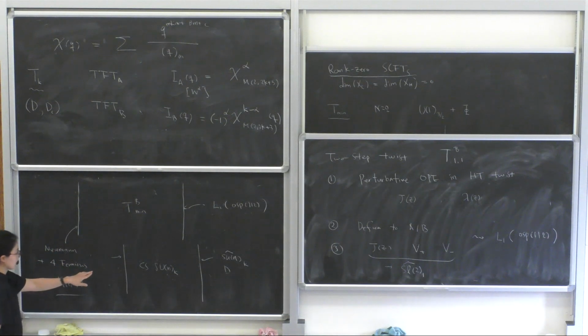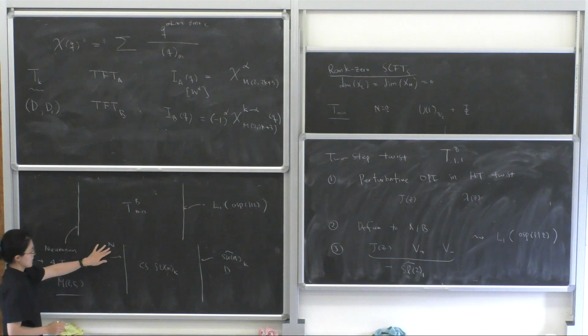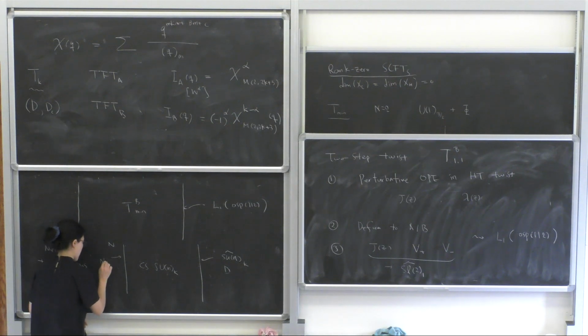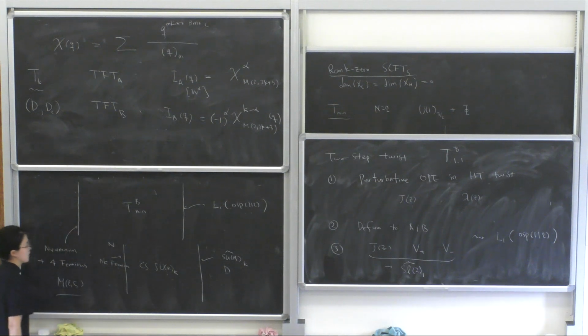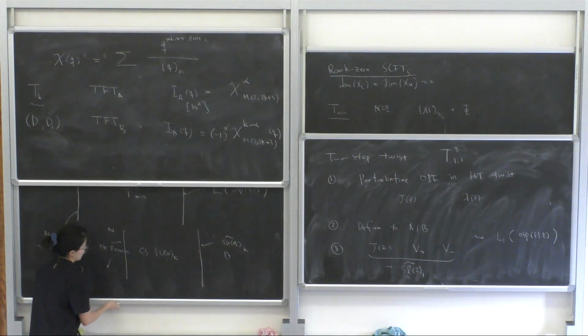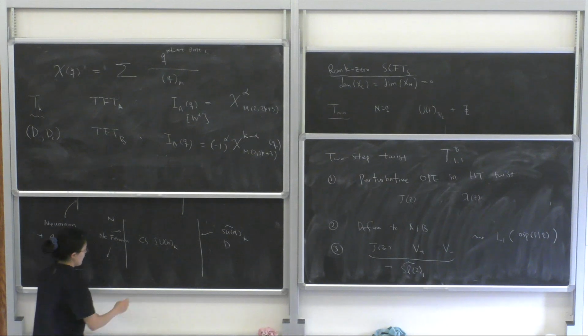On the left boundary, you can also impose the Neumann boundary condition. But again, this is an anomalous boundary condition. You have to add n times k fermions to cancel this boundary anomaly. The total result that you obtain on the left boundary of the theory is the following picture.